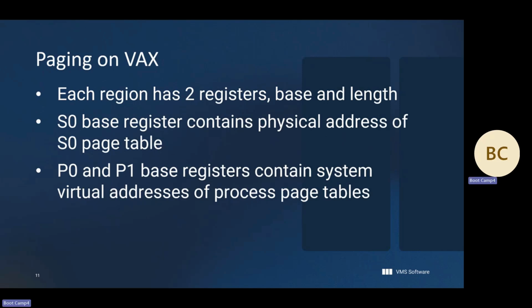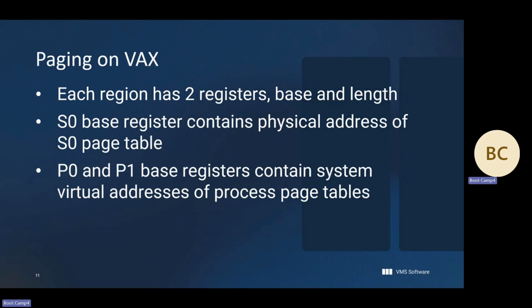The way paging worked on the VAX was each region had 2 registers, a base and a length. The system registers contain physical addresses. So system address space started here, it extended to here, and if the virtual address was too big, you said, no, you can't have that. Process registers were different.